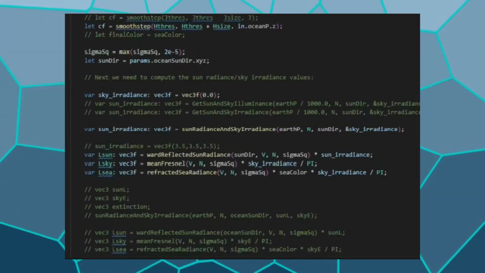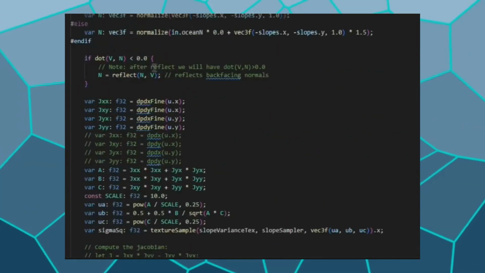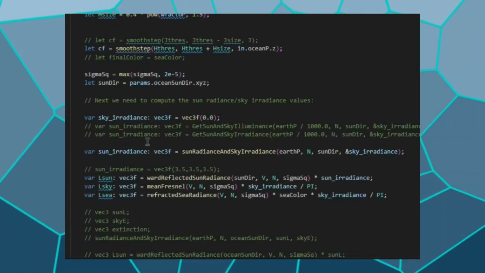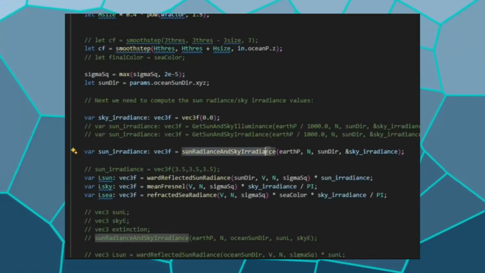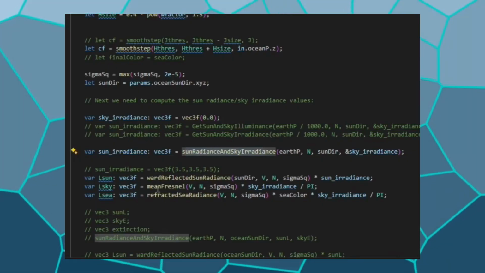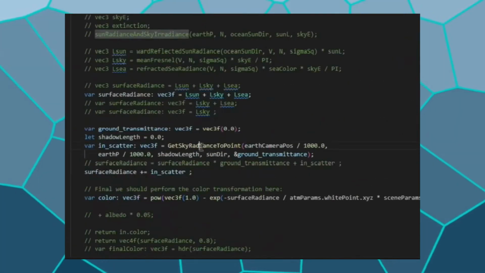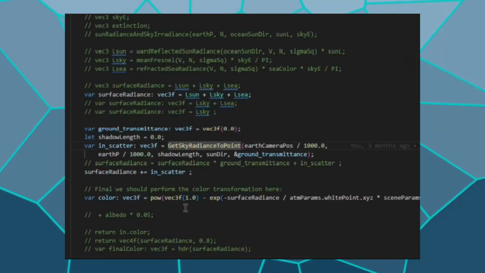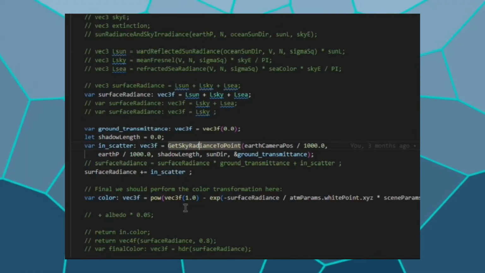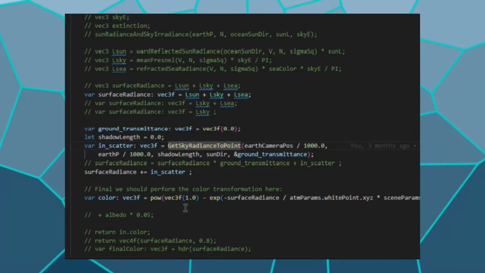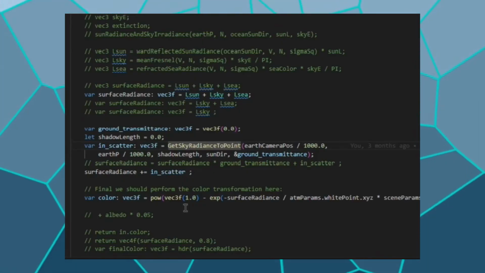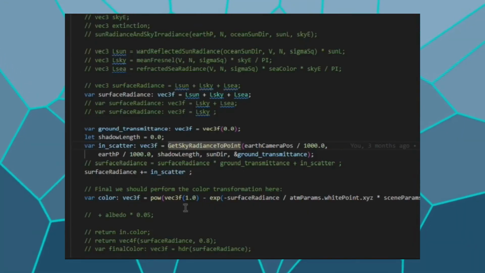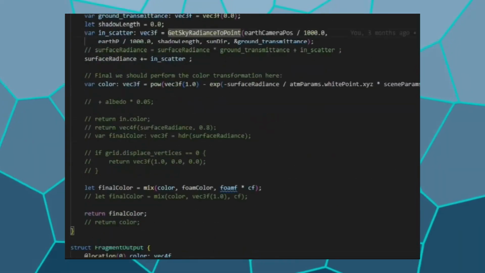Yes, because here when we're computing the surface color for the ocean, we do a lot of stuff, but afterwards we see that we're going to retrieve the sun radiance and sky radiance to that point. So yes, atmosphere computation is already done for the ocean pixel, so we don't really need the depth information updated afterwards, which means that we could just bypass this statement.